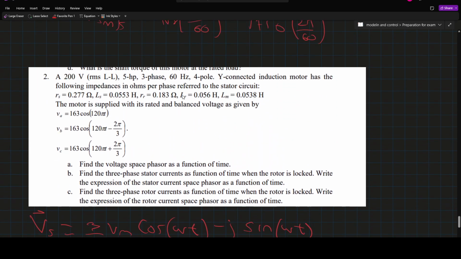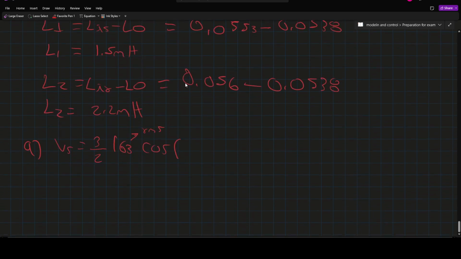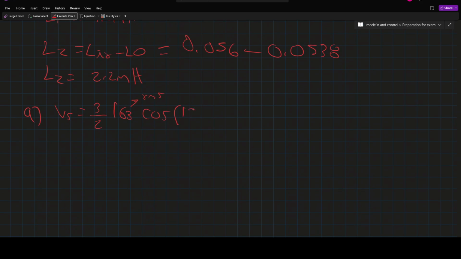In this case, we have 60 hertz, so we have 120 pi t, minus, so this is our alpha component, j sine, 3 halves 163 sine omega t, 120 pi t.